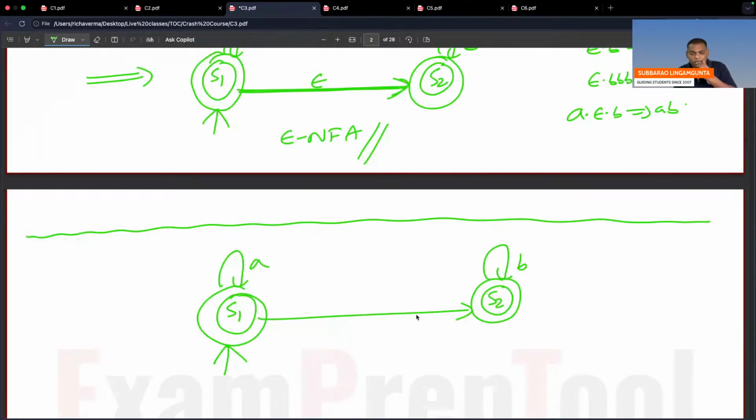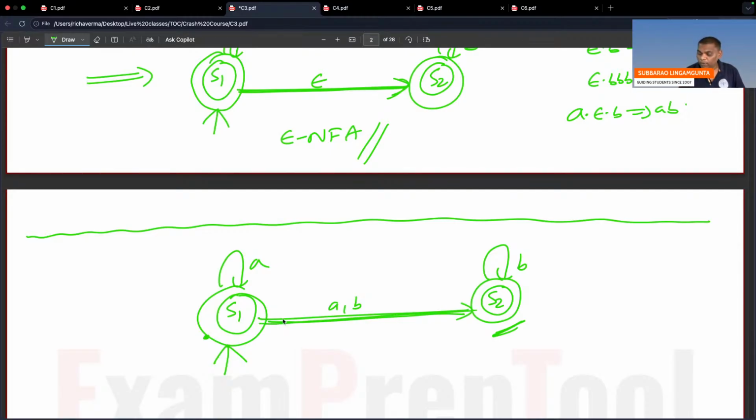After all a's are over, you may go here, a or b. A also goes here, b also goes here. After coming here, only b's is allowed. If you want only a's, stay here. If you want b's also, yes. If you want only b's, you can go like this.